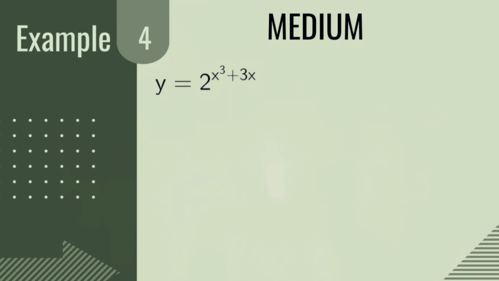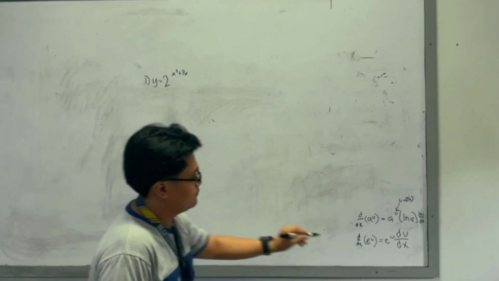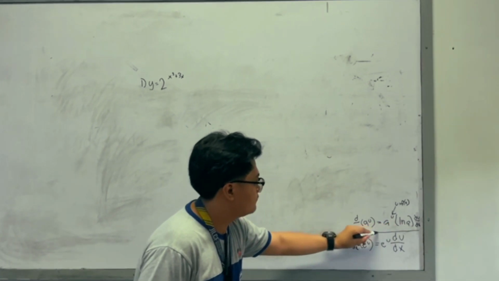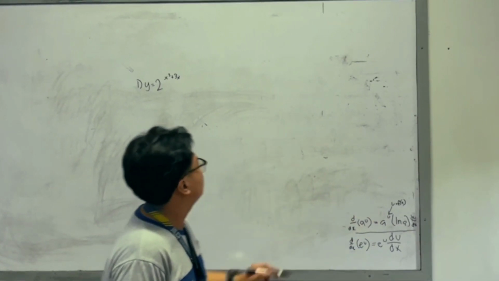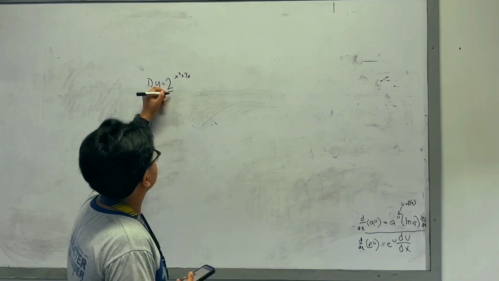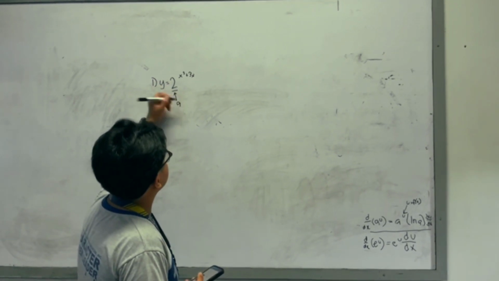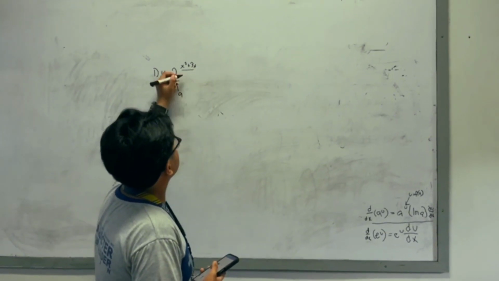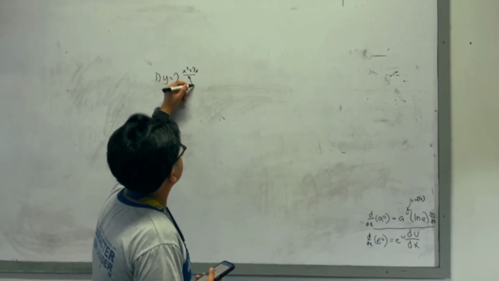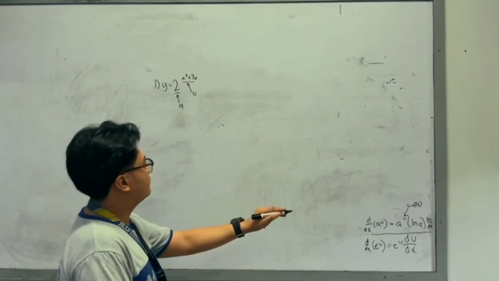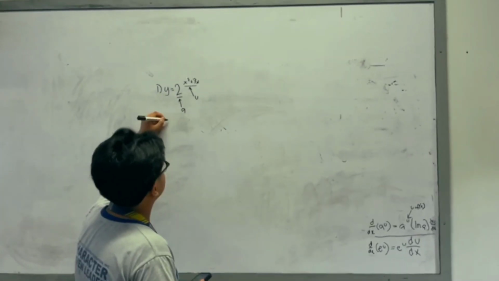For the medium difficulty, let's have this given: y equals 2 raised to x cubed plus 3x. This is the formula that we're going to use, where the base is a. First we're going to identify the a and the u. The u is the exponent that contains a function.